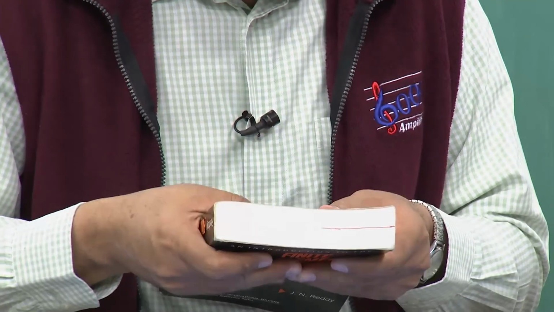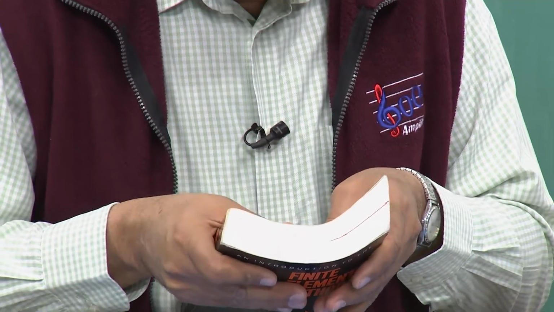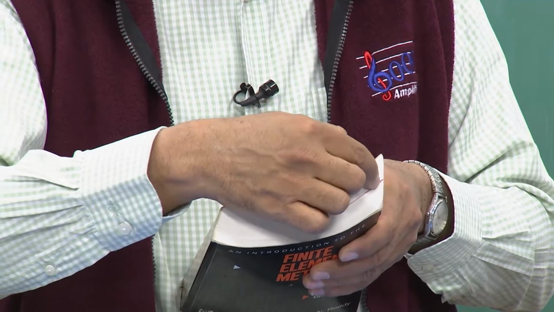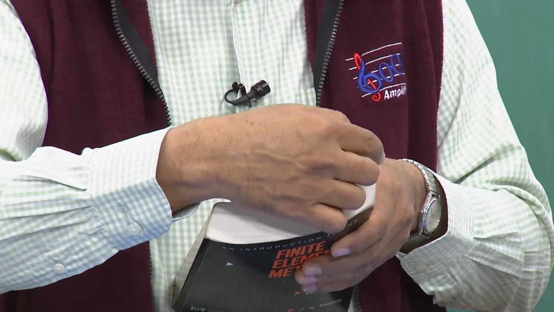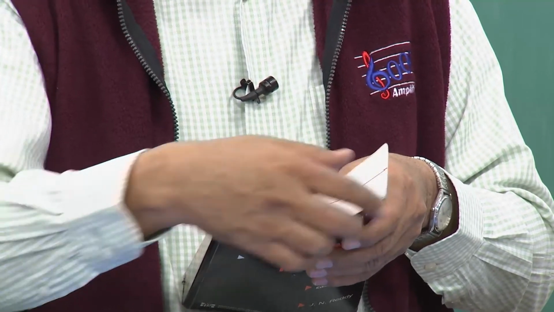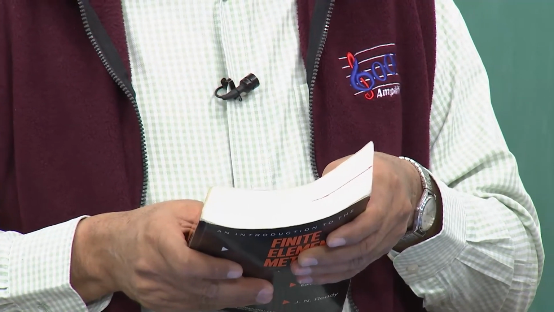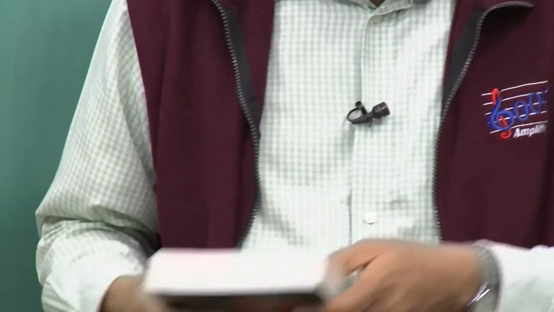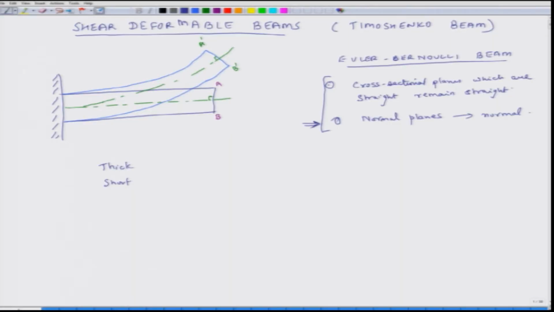And when I bend it, because the beam is thick, the edge which was earlier normal to the mid plane no longer remains normal to the mid plane. So, that is what happens in case of thick beams. In case of thick beams, this AB, A prime B prime line is not necessarily at 90 degrees to the mid plane. So, what we have is a somewhat different orientation.